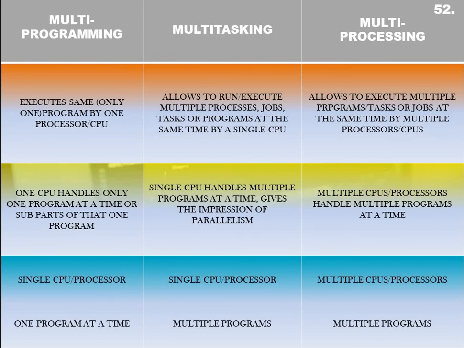I've told you earlier, this is a very important difference, that in multiprogramming, the CPU is bound to execute all the subtasks of one program, then afterwards the subtasks of another program. While in multitasking, that is not the case.